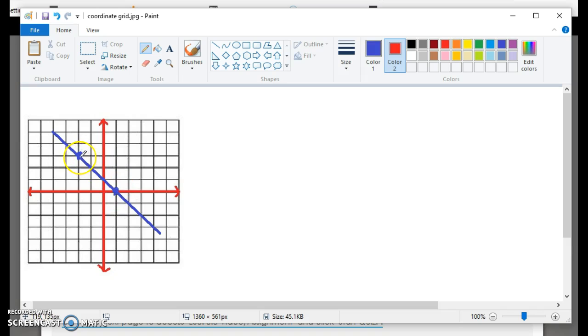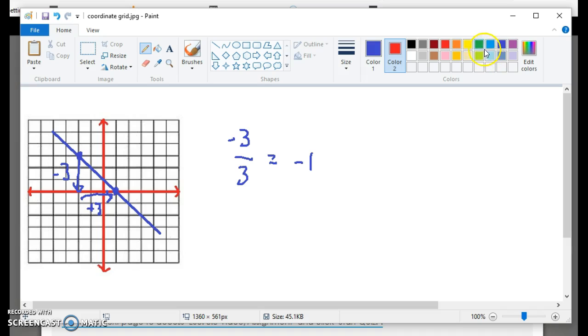So with those two, I have a vertical change of -3. So that's the numerator. And a horizontal change of +3 because that's right. Remember, right is positive, left is negative in a horizontal direction, up is positive, down is negative in a vertical direction. And so my slope is -3 divided by 3, which is -1.